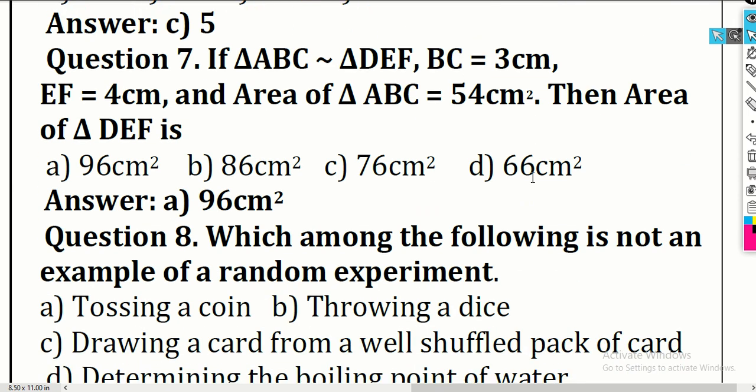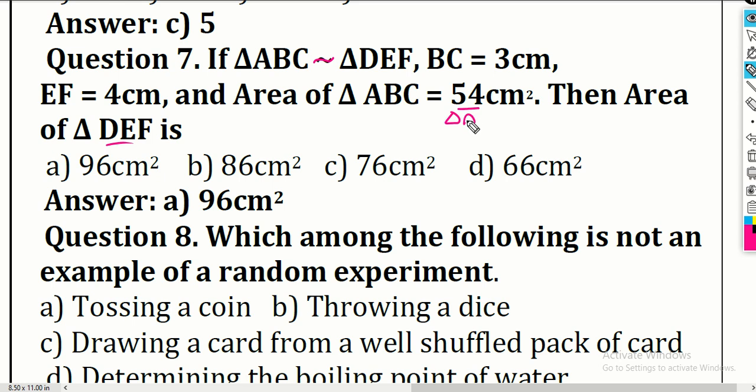If triangle ABC and DEF are two similar triangles, and BC is equal to 3 centimeter, EF is equal to 4 centimeter, and the area of triangle ABC is 54 centimeter square, then find the area of DEF.